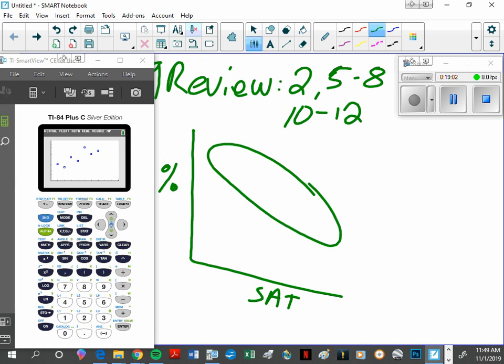Okay? True or false? Test scores tend to be lower in the states where a higher percentage of students take the test. Does it appear that a state that scores really high has a lower percentage of students who took the test? Yes, it appears that way.